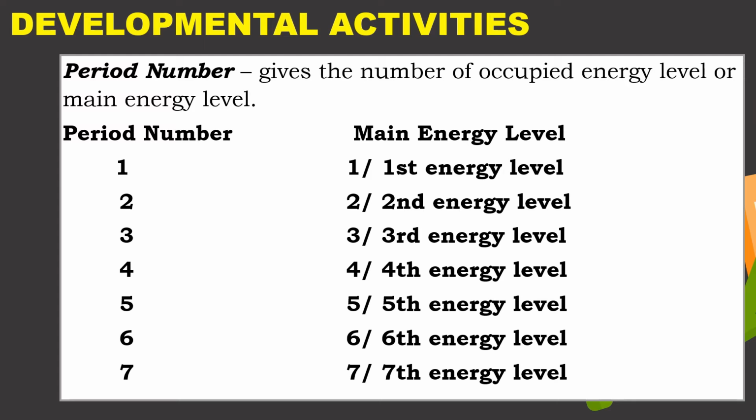Period 2 is the second energy level. Period 3 is the third energy level. Period 4 is the fourth energy level. Period 5 is the fifth energy level. Period 6 is the sixth energy level. And period 7 refers to the seventh energy level.